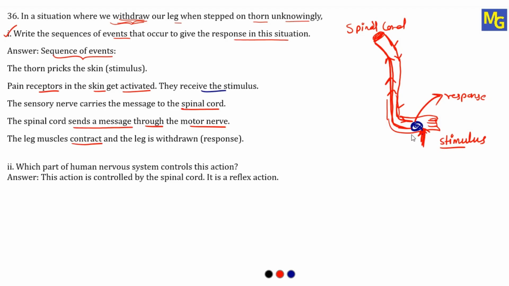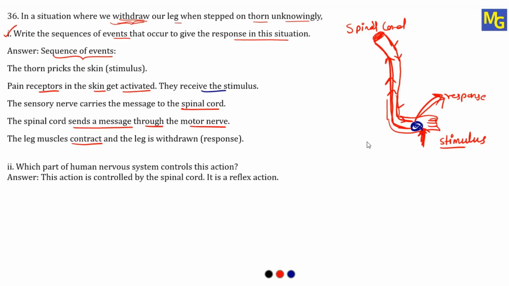Second, the receptors present in the skin will carry the stimulus to the spinal cord. The spinal cord will work on the stimulus and send back a message through motor nerves to the muscles present in the leg. These muscles will contract and immediately show the response, and we will remove our leg. So these are the events.